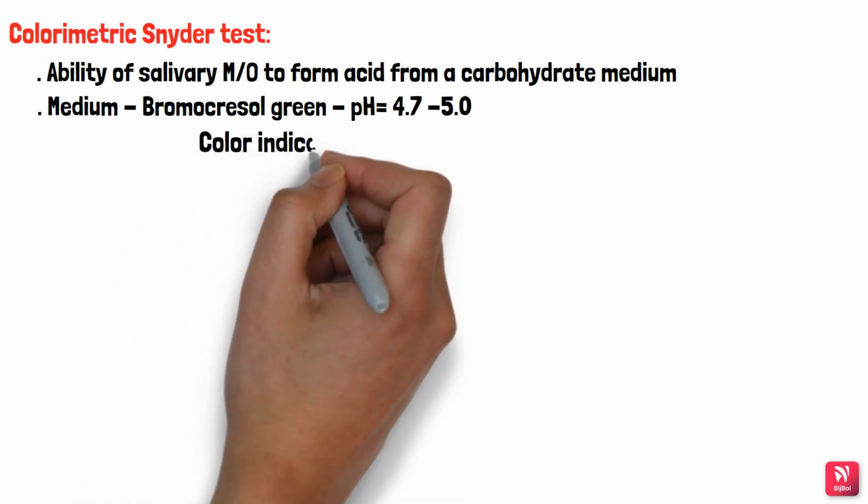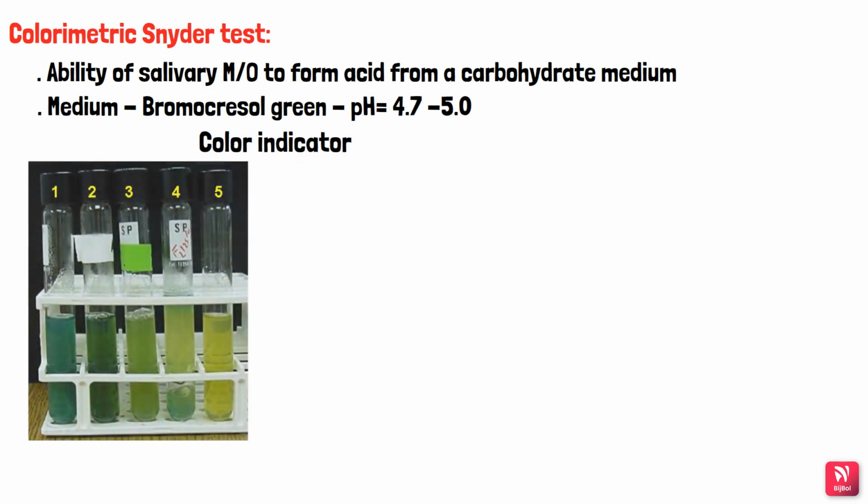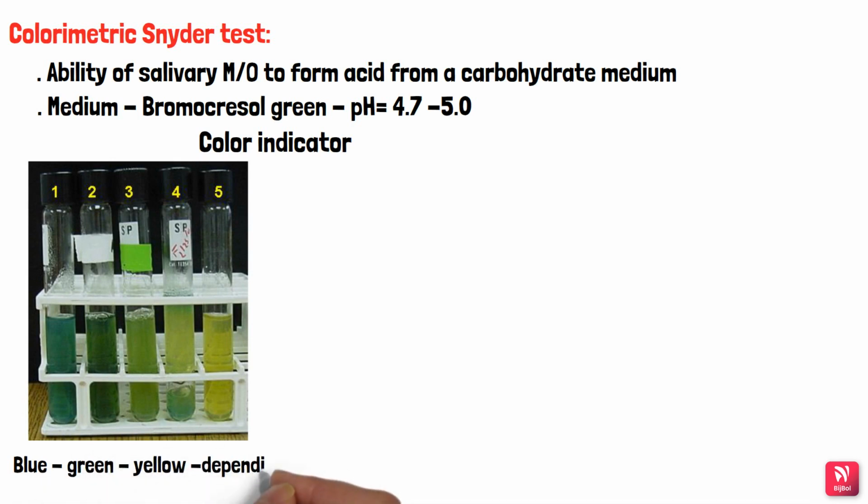this acts as a color indicator. As you can see here, there is a picture of various test tubes of different patients. The color variation is from blue to green to yellow. This change in color depends upon the amount of acid produced in each patient's saliva.